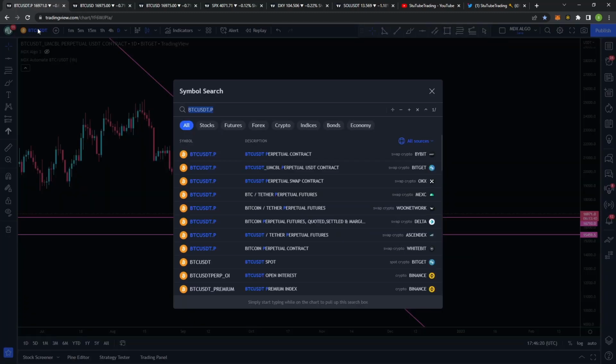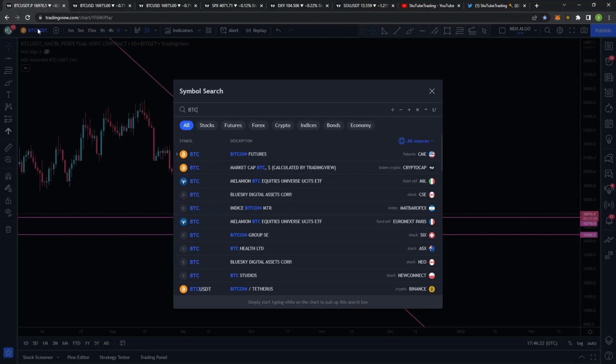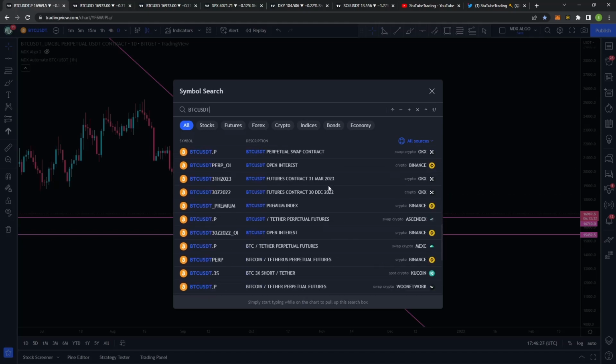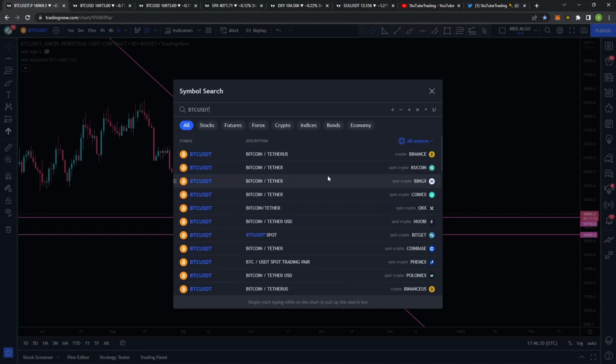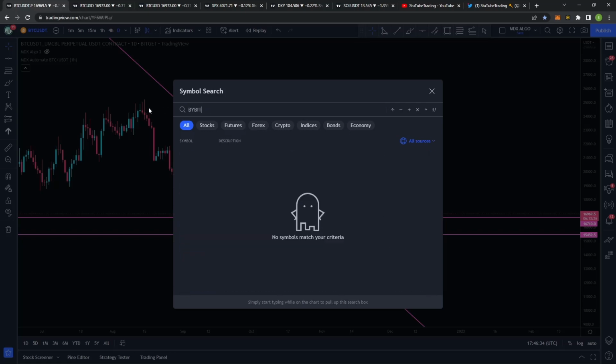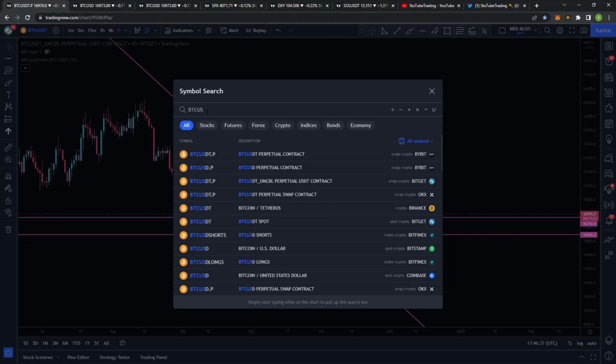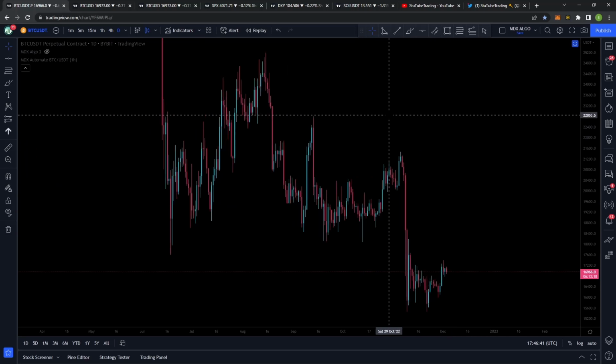Oh, it is working on there. BTC USDT. Why isn't my Bybit showing up? Here we go. I think this is the one we want.